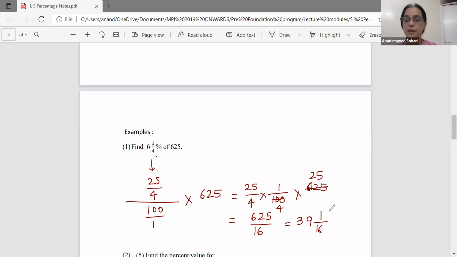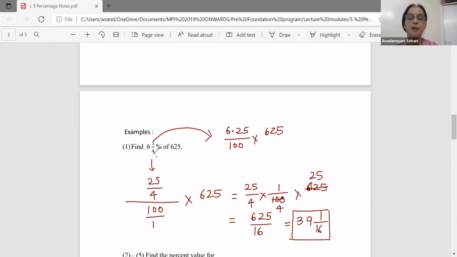So in fraction understanding, this will be the answer. Those who understand decimals can take this as 6.25% of 625, and the answer will be same. Those who've learned decimal at school can do it by decimal, 6 and 1/4 is 6.25. So that way around also the answer will come the same.